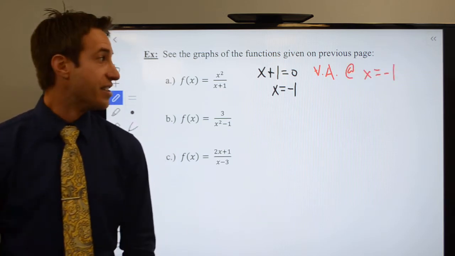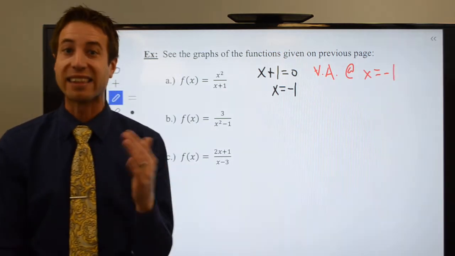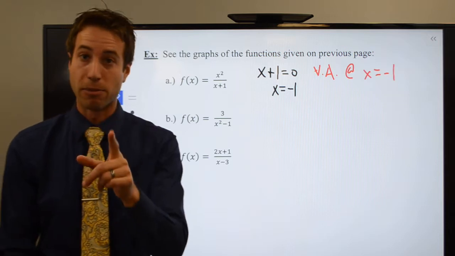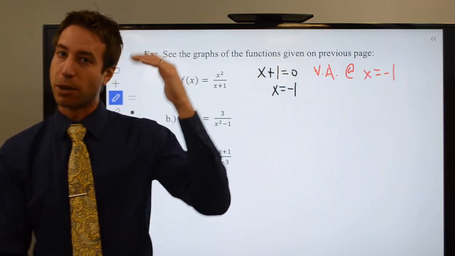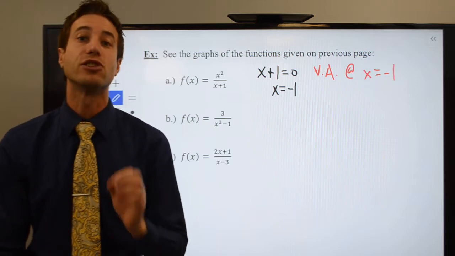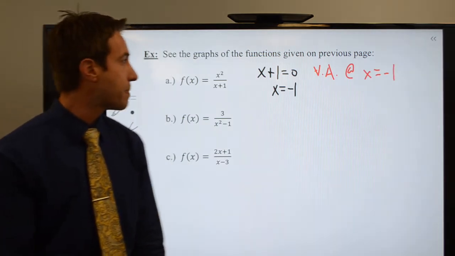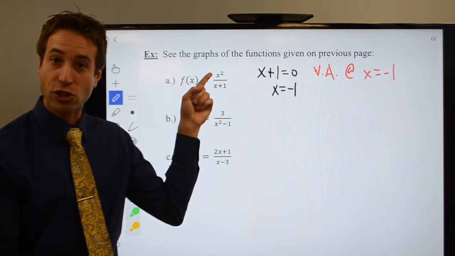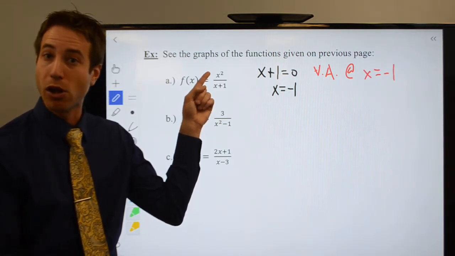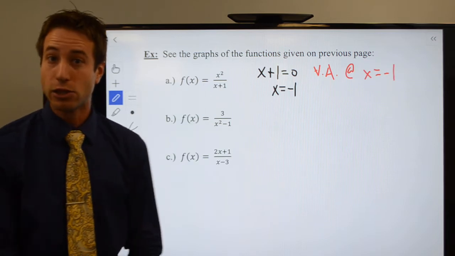Okay, now that I know where my vertical asymptote is, let's find our horizontal asymptote, if there is one. Now remember the way this works. You need to think of the polynomial on the top and the polynomial on the bottom, and you need to find the degree. The polynomial on the top is just an x squared. I take the largest power, which is 2, so the polynomial on the top is degree 2.